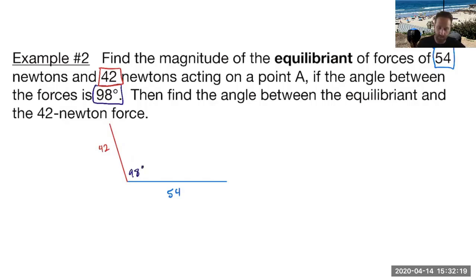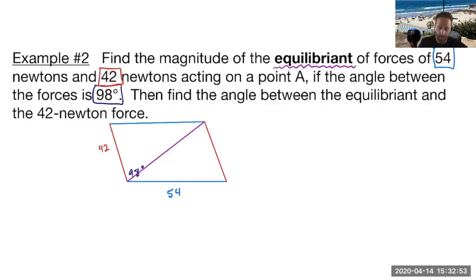And so just like we did before, we can draw this parallelogram. And then once I have my parallelogram, I can then find what we called the resultant vector. Now don't forget, if I find this resultant vector, I'm also going to be able to find that other one that they asked us to find, called the equilibriant.